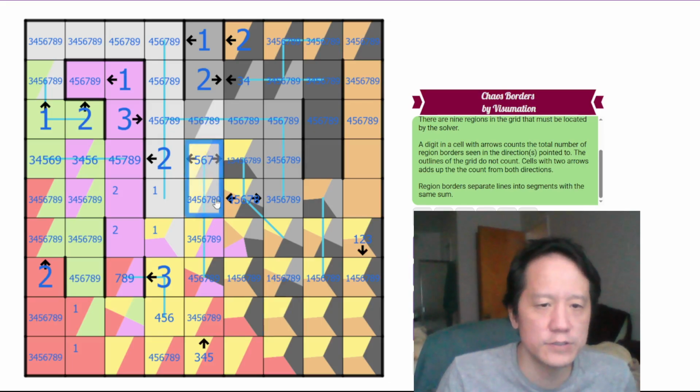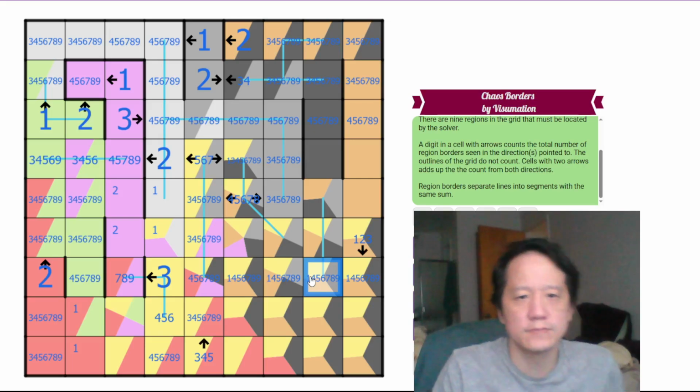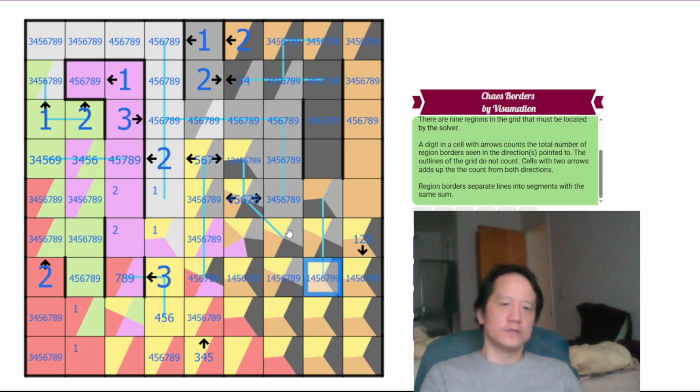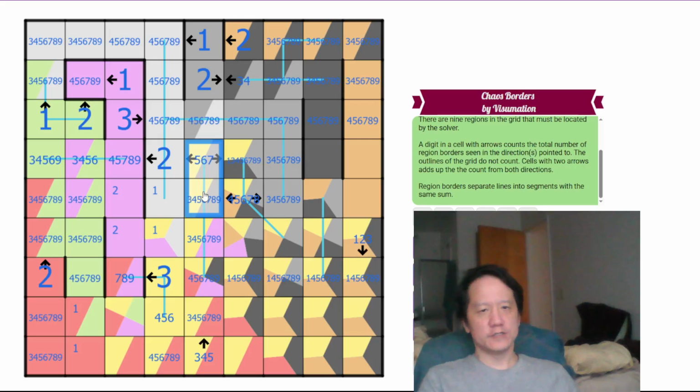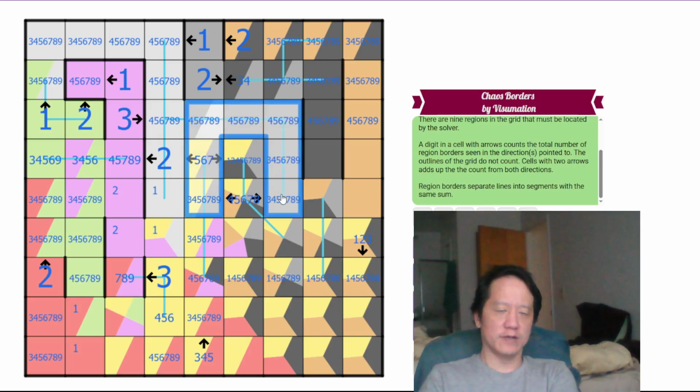So these two are the same region. What else do we have? I'm not really sure. So can this ever be essentially medium? If it's medium, that means all of this is medium, right?